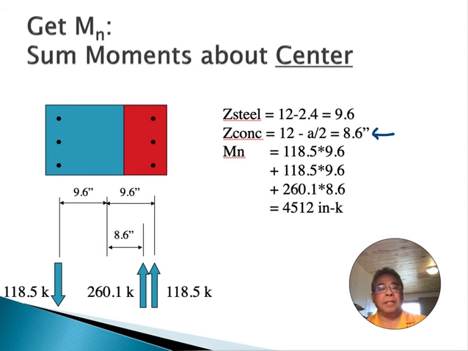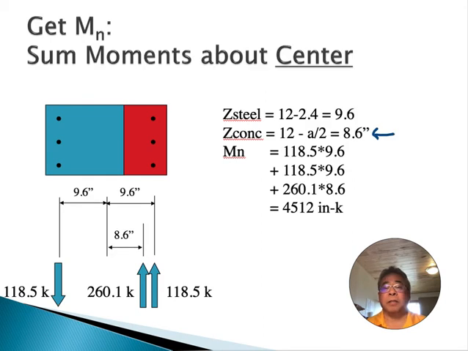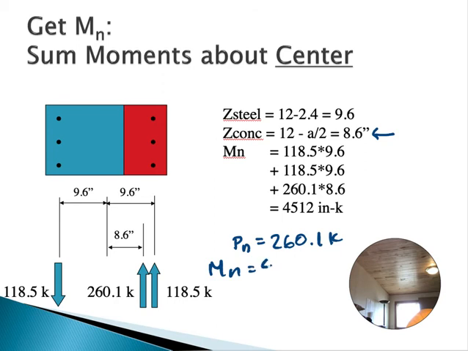And so in the end, the combination of 260.1 kips and a moment of 45 12-inch kips, that combination will cause that column to fail.